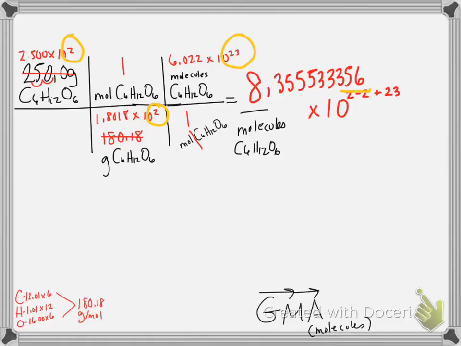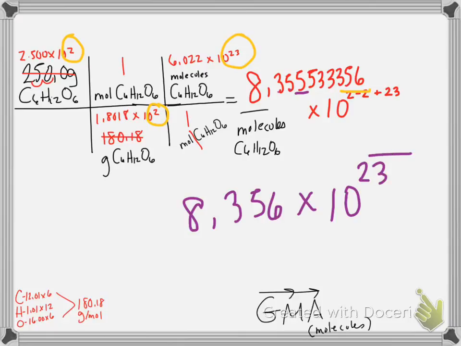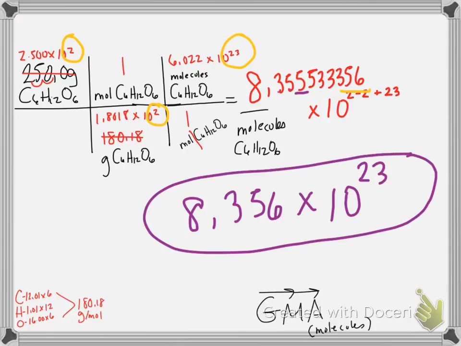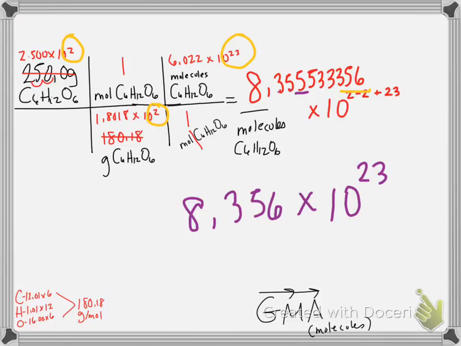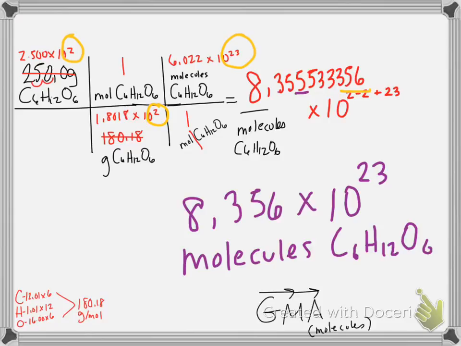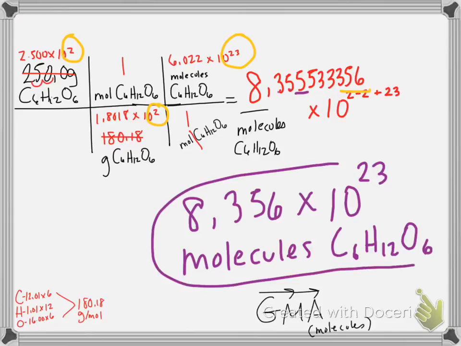So we get 8.356 times 10 to the 23rd. Oops, what did I forget? Molecules of C6H12O6. That would be my final answer.